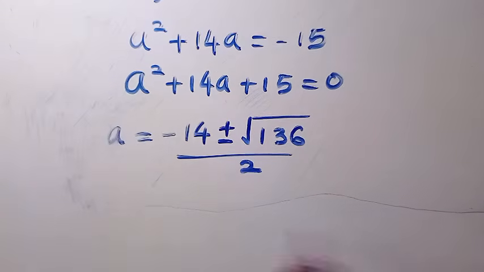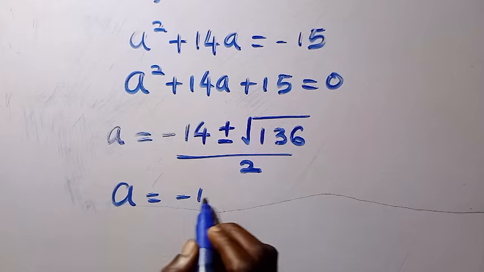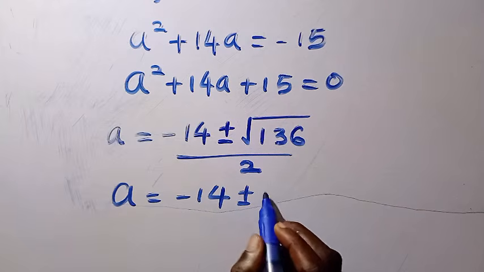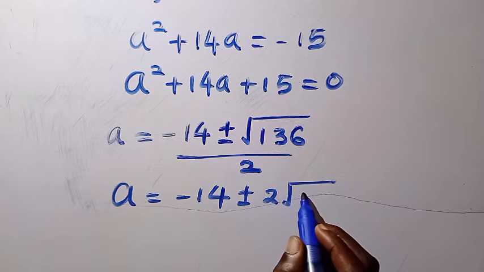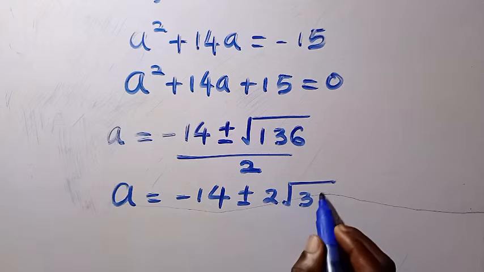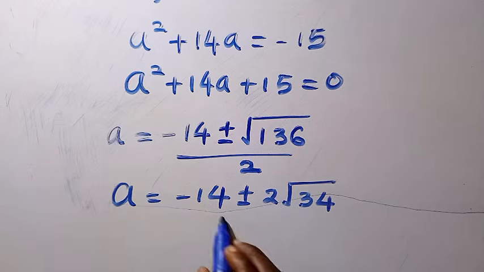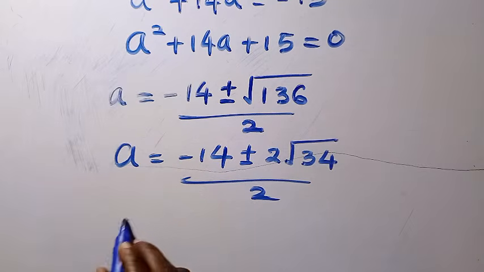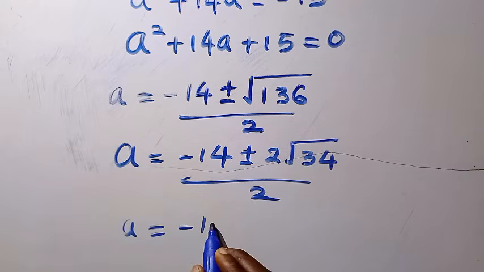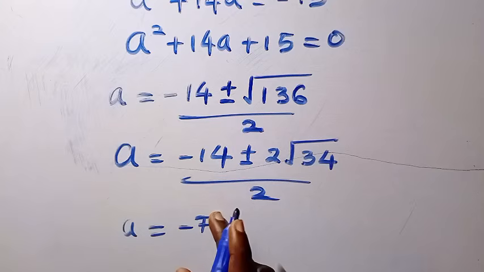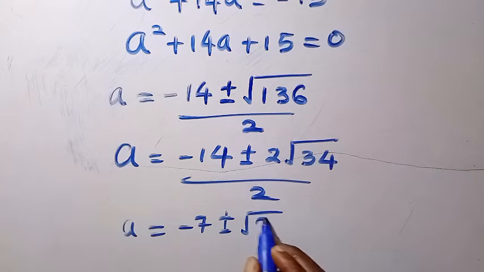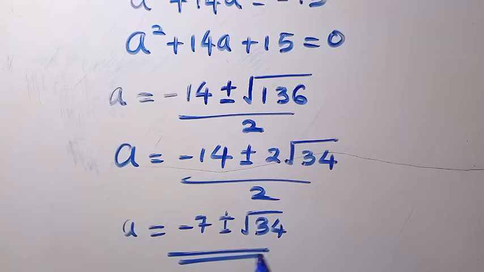And then, a gives us minus 14 plus or minus 2 square root of 34 divided by 2. And finally, we have a equals minus 7 plus or minus square root of 34. So these are other two solutions.